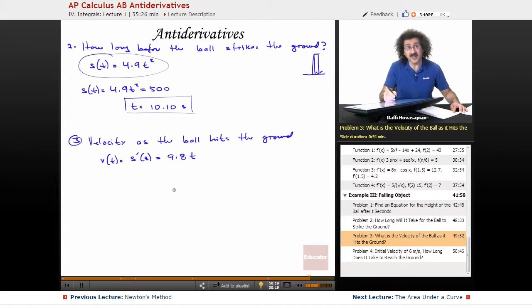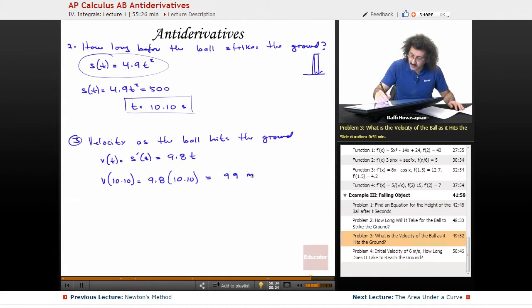Well, after 10.10 seconds, which is when the ball is hitting the ground, the velocity at 10.10 seconds equals 9.8 times 10.10 seconds. It's going to be 99 meters per second. That's it. Very, very straightforward.